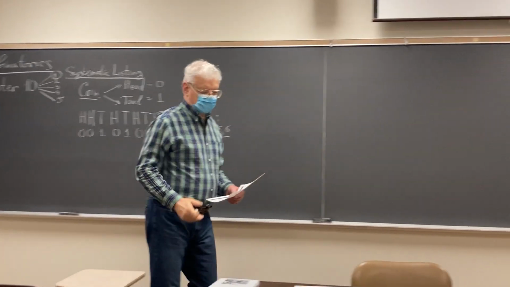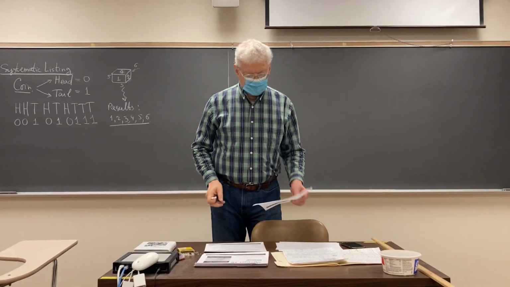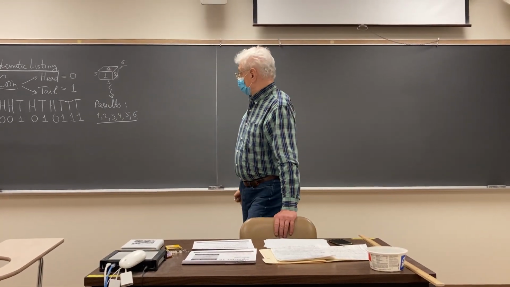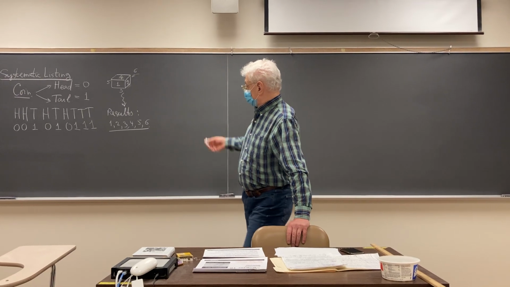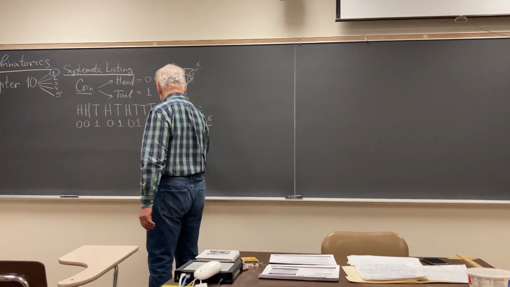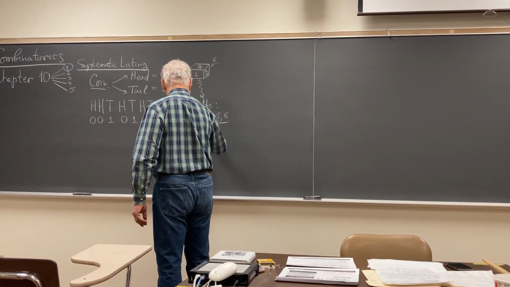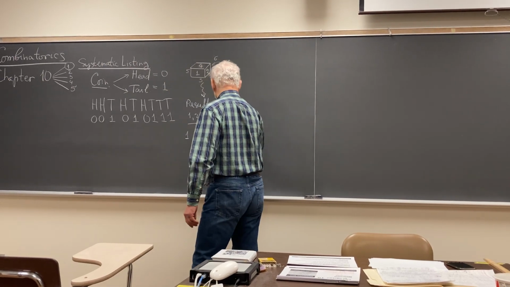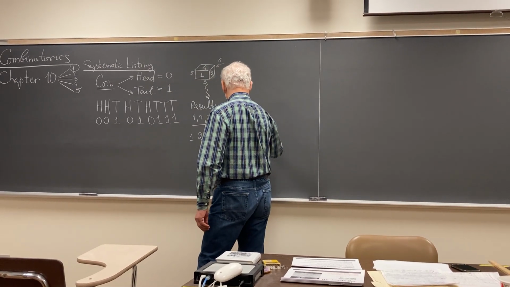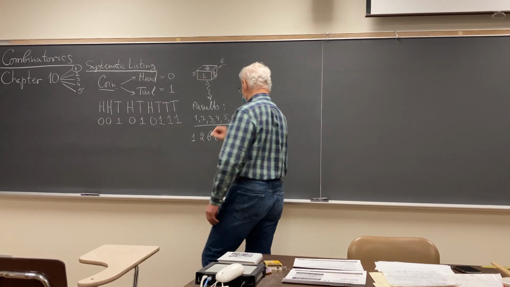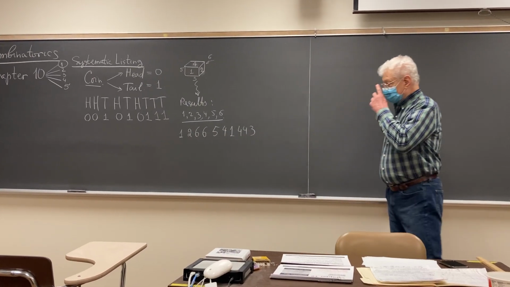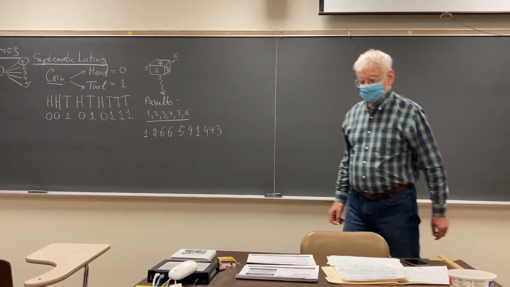They are outcomes. If you toss it repeatedly, for example, you have the following sequence: 1, 2, 6, 6, 5, 4, 1, 4, 4, 3. So this is some number of tosses, and you have this sequence.